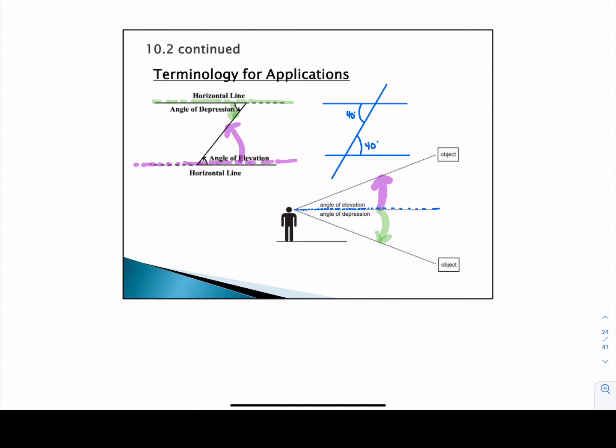That might not be the case in the picture at the very bottom. It looks like those angles are the same, but we might have, let's say, 40 degrees on the top side as our angle of elevation, but maybe the bottom is only 38 degrees. Who knows? We can't assume that an angle of elevation and a depression are the same when they're coming from, let's say, a line of sight.